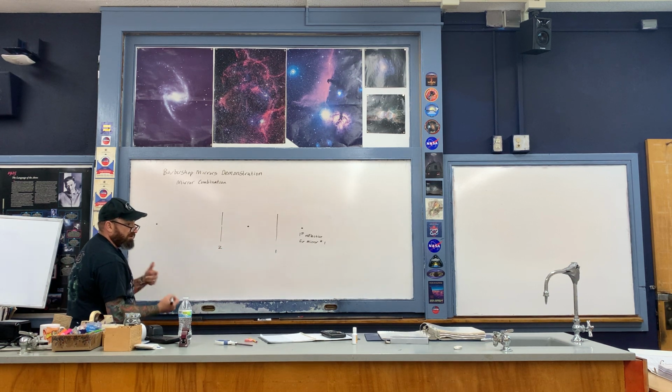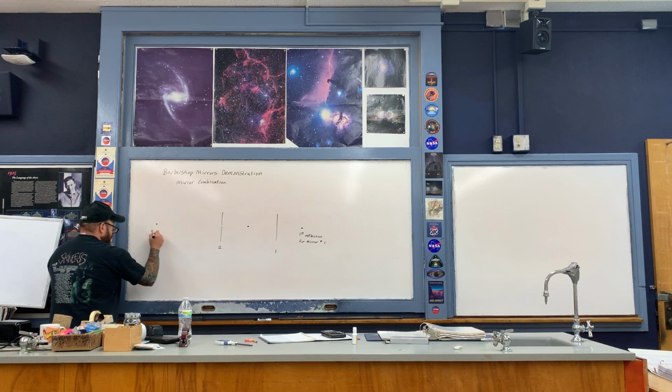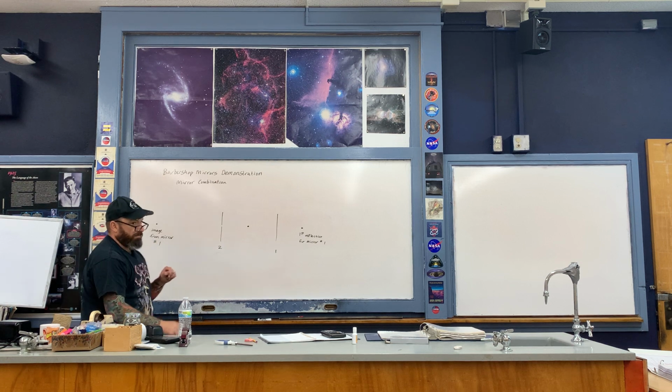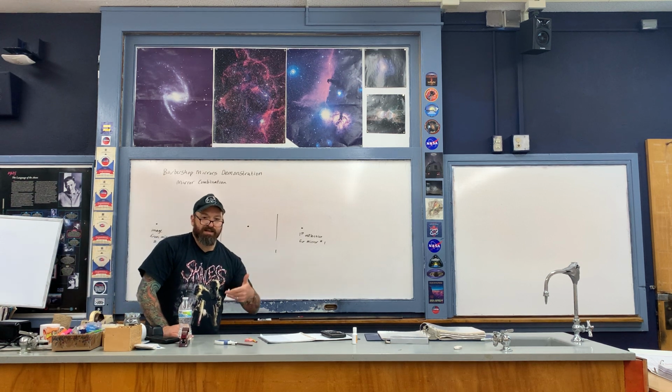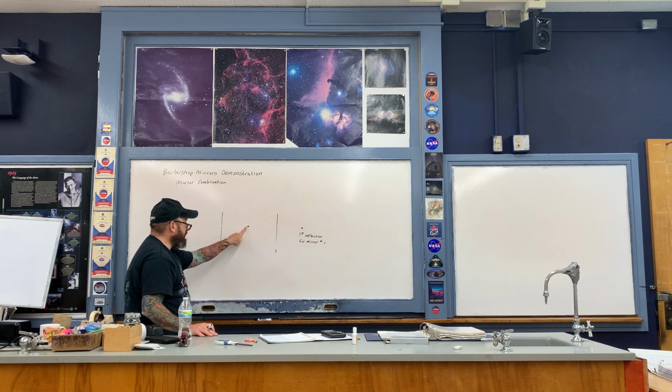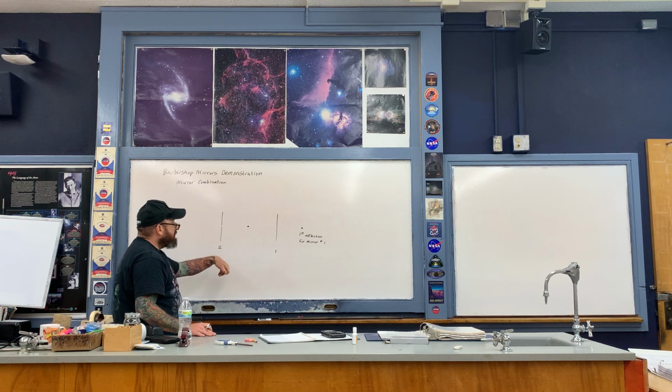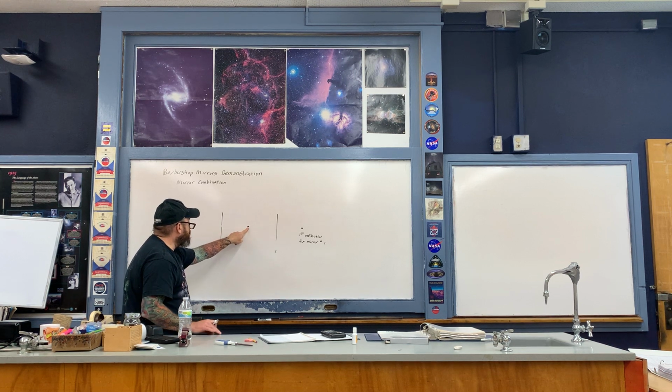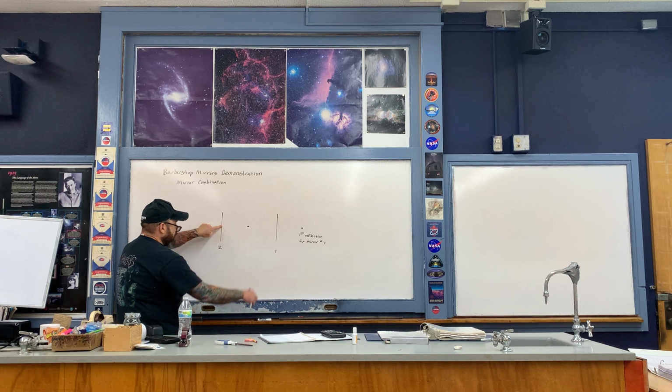So this right here I'm going to refer to as the image from mirror number 1. But the same thing happens for a light ray, originally starting from the object and then striking mirror number 2. So now imagine a light ray coming from the object and then striking mirror number 2.